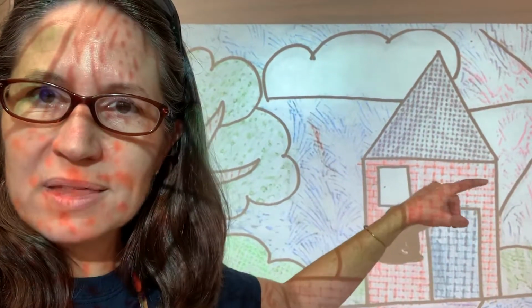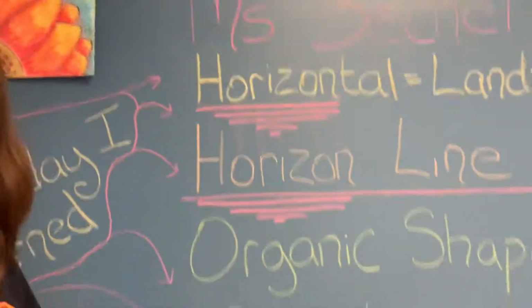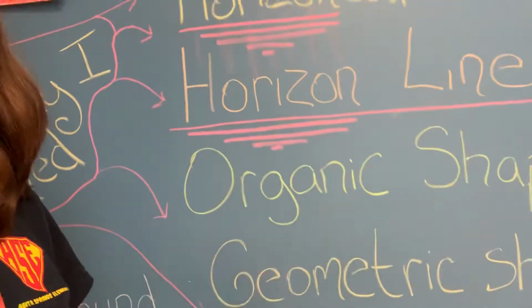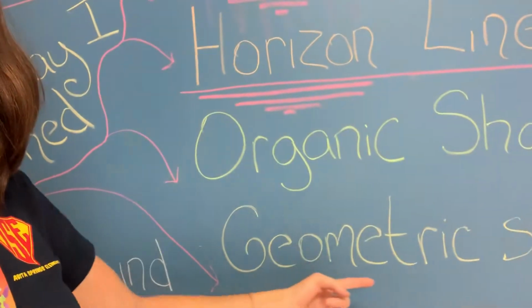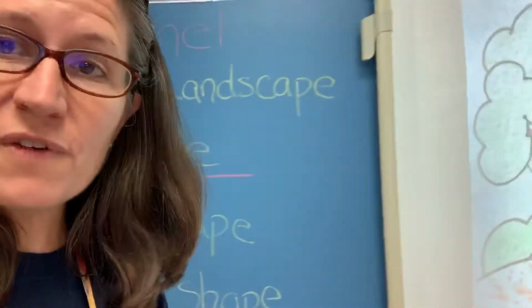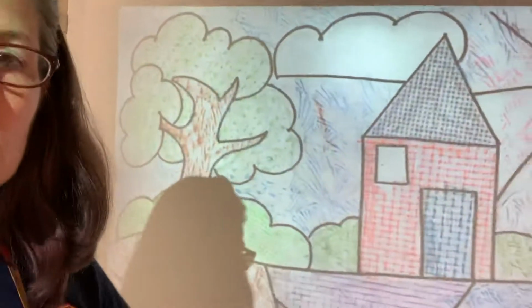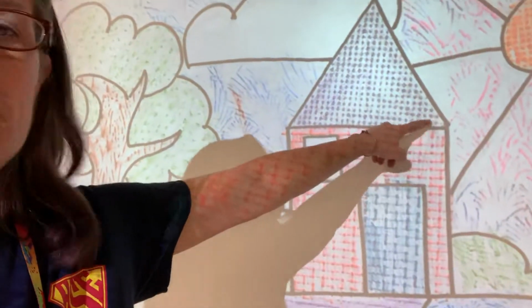And then the other types of shapes we're going to make today, these are called geometric shapes. These are math shapes. We find them in math. Let's look at the word. So geometric, we can also say geometry is almost the same, which is a math word. So the shapes we find in math, those are geometric shapes. What is this shape called?